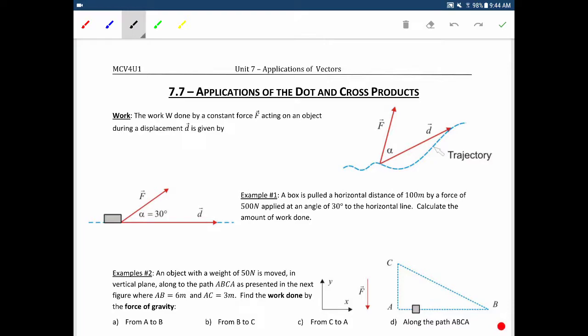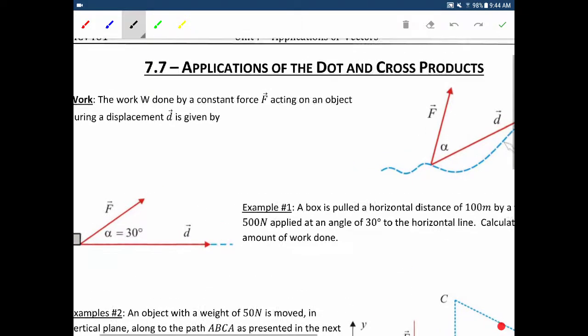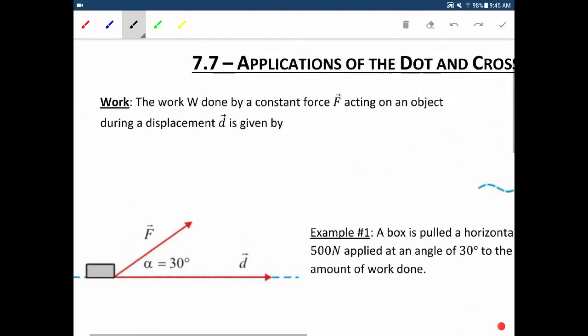The work, which we write as W, that is done by a constant force F acting on an object during a displacement of d, is given by work equals force dot product displacement.